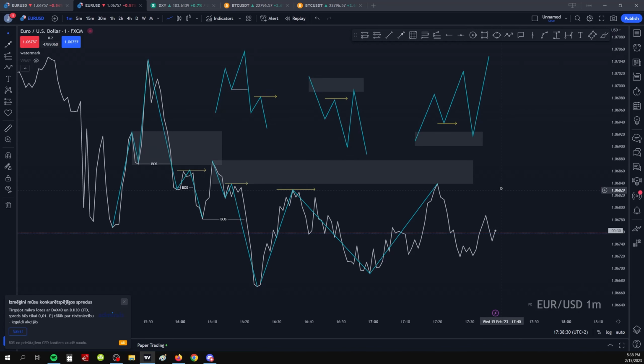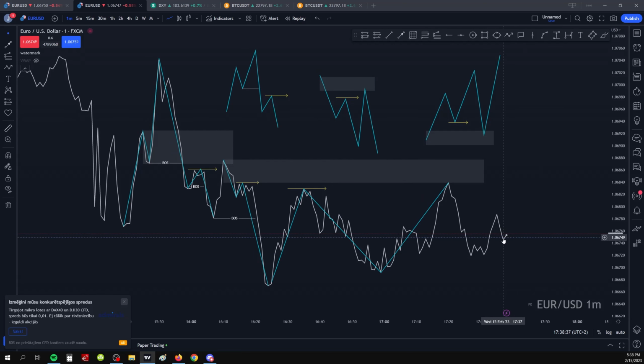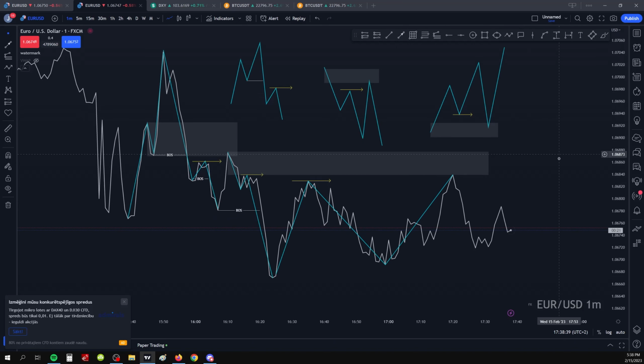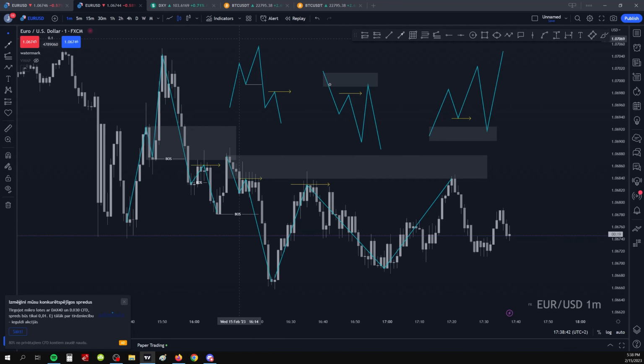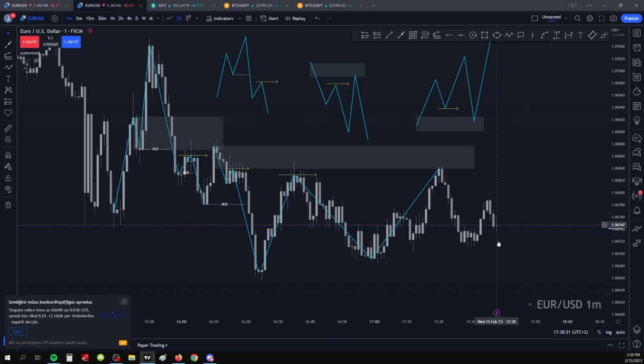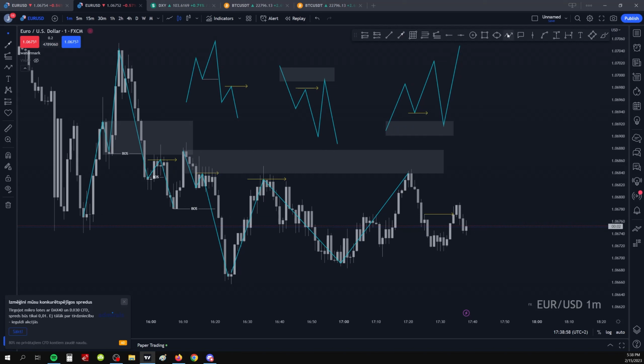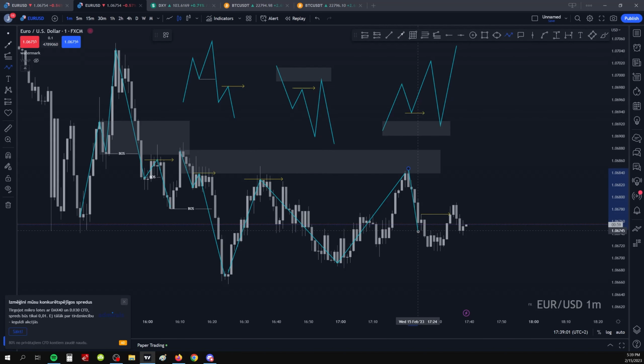So this is tricky now. We will see what happens. Maybe we go up, maybe we go down, I don't know. Lots of wicks. But if we go down, we must go down from here, because we already took the main inducement in this leg. 1, 2, 3.